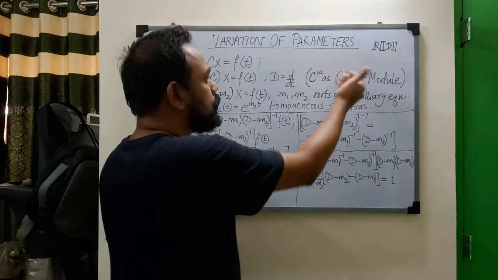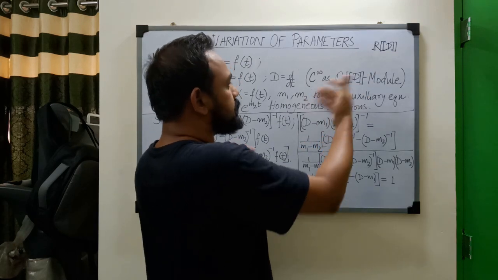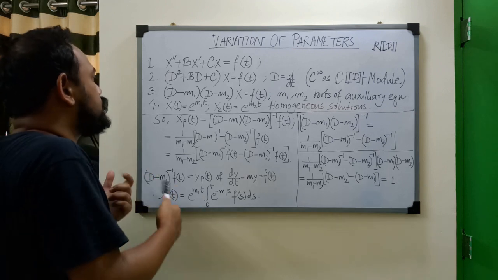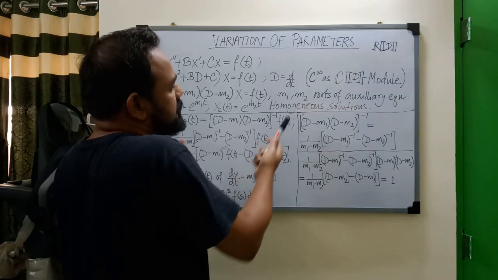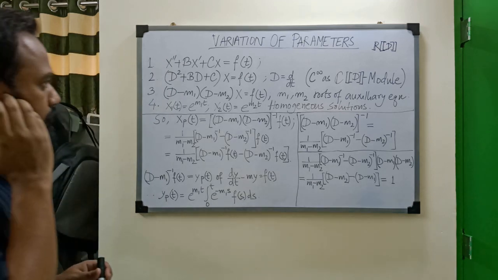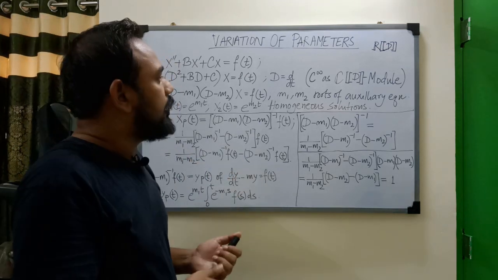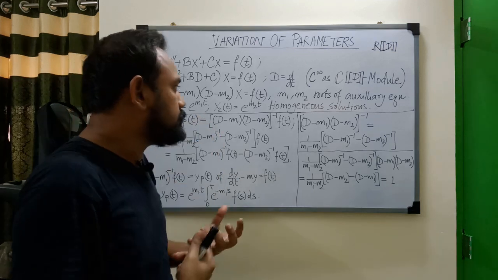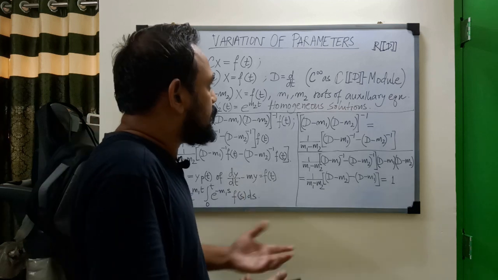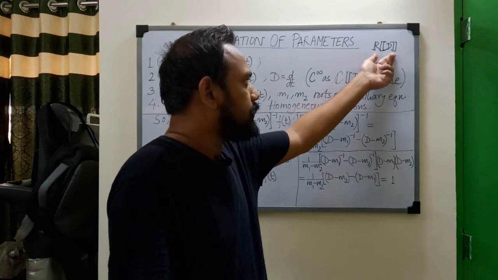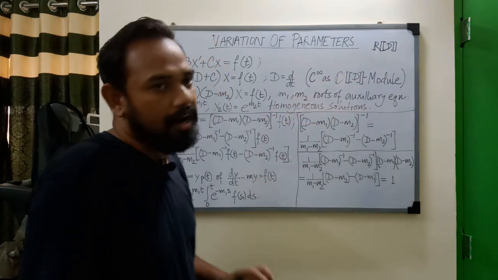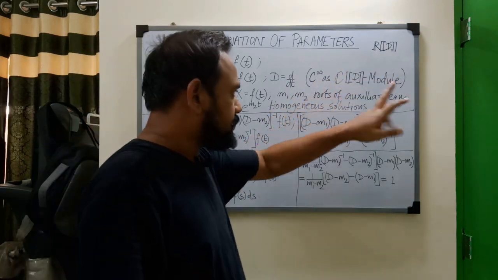The only reason we view this as a C[[D]] module now is because we're talking about roots of the auxiliary equation, which can turn out to be complex numbers. So for that reason, we just have to make that slight adjustment. Whether you actually think about the adjustment or not, all the things that we have learned with C infinity as the R[[D]] module are all valid with C infinity as a C[[D]] module as well.